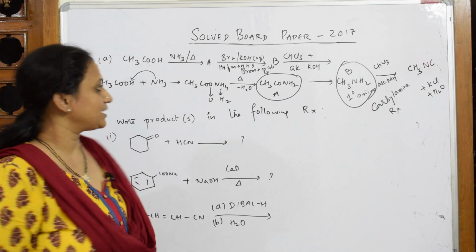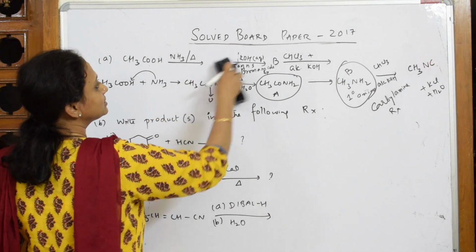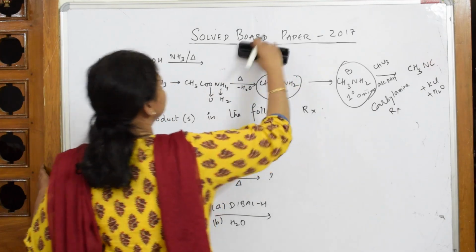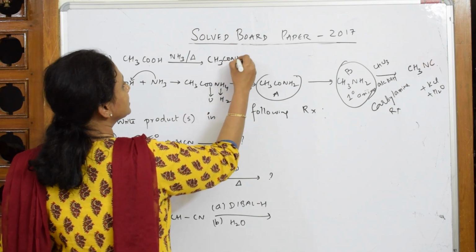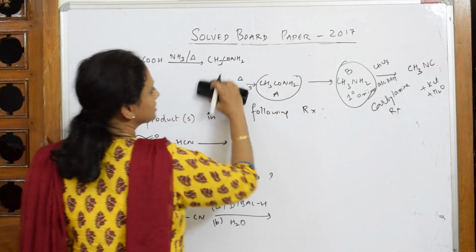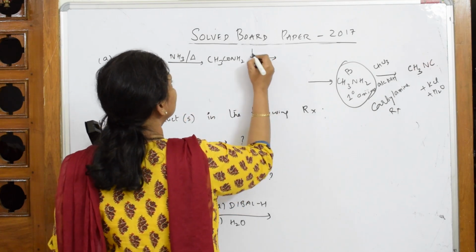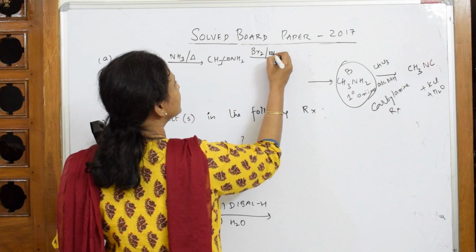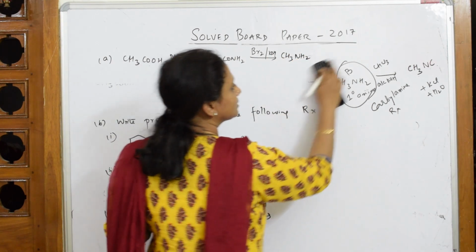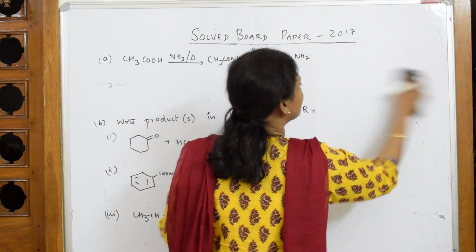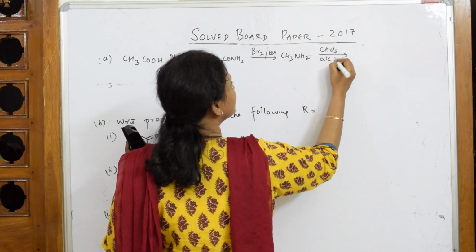Now observe, I am writing the products finally. Now let me erase this and use the board. Now, compound A, what did I get? I got CH3CONH2. Done. Let me erase this part. This is over. After that, this was treated with Hofmann bromamide reaction, KOH. What did I get? I got primary amine. This is also done. Then I have treated with chloroform and KOH, CHCl3 and alcoholic KOH.